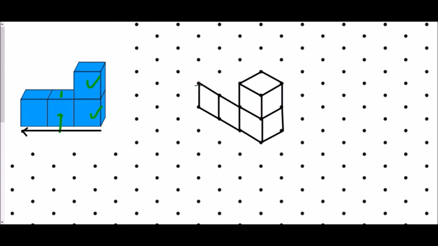Then all we need to do is finish off the tops of our cubes, the plan views, and so we will draw this. And what we can now see is, if I just colour this in, we would have a full top that we could see, a full top that we could see, but this one, there is a little bit hidden. And you can see that here, we've only got part of the top.